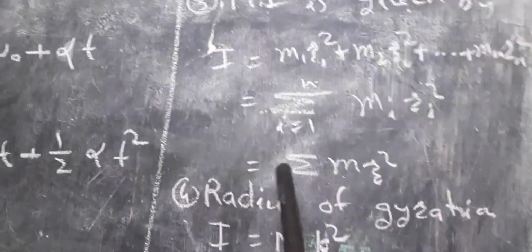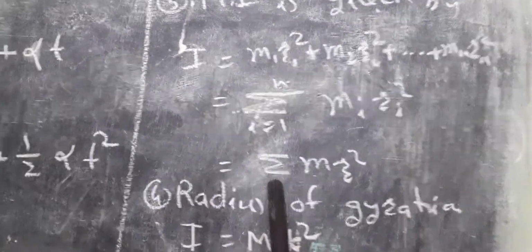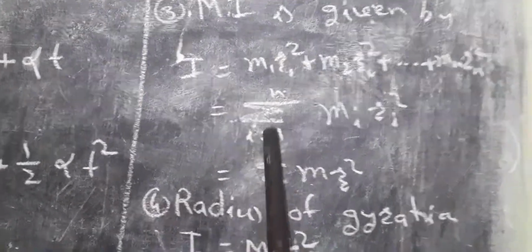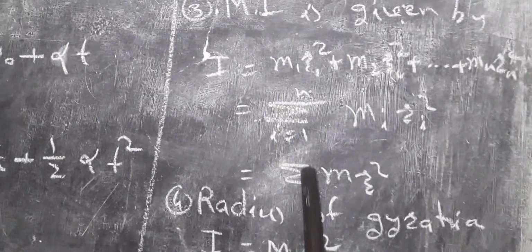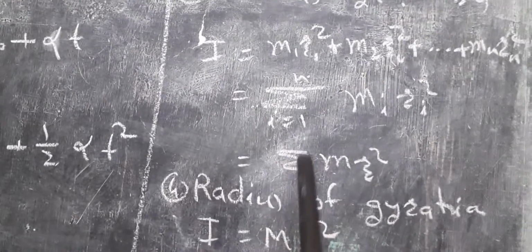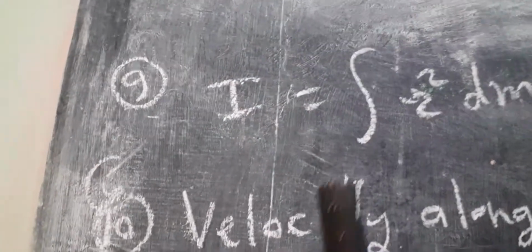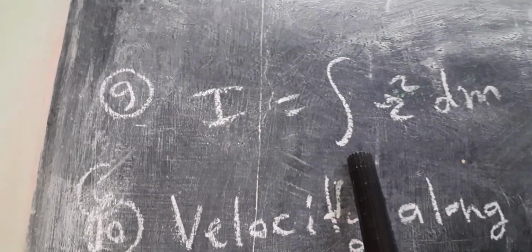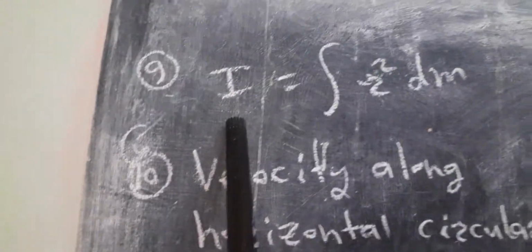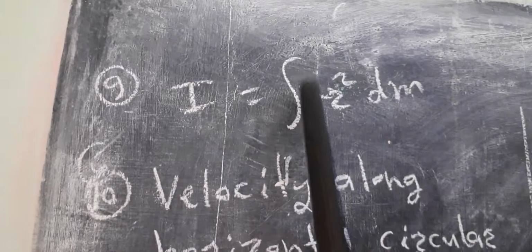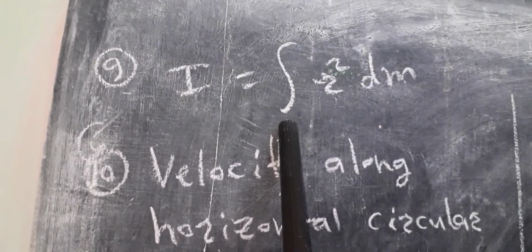Here the summation symbol is used when we know the exact number of particles. If the body consists of n number of particles, we can use this formula. But if we don't know the number of particles, then we have to replace this symbol by integration. In that case also we can find out the moment of inertia of the body. Here the formula is somewhat changed. I is equal to integration, so in place of summation the symbol is now integration.